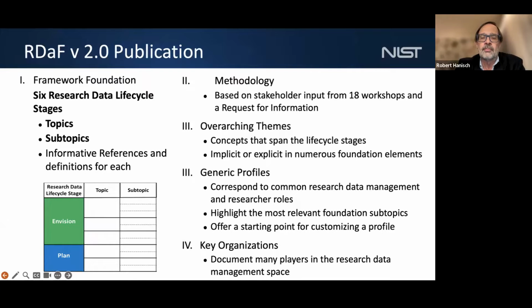Sometimes they're implicit, but they're another way to orient oneself in the research data ecosystem by following themes, such as, a major one is cost. Others are privacy and equity and so forth. So these themes permeate across the entire research data ecosystem.